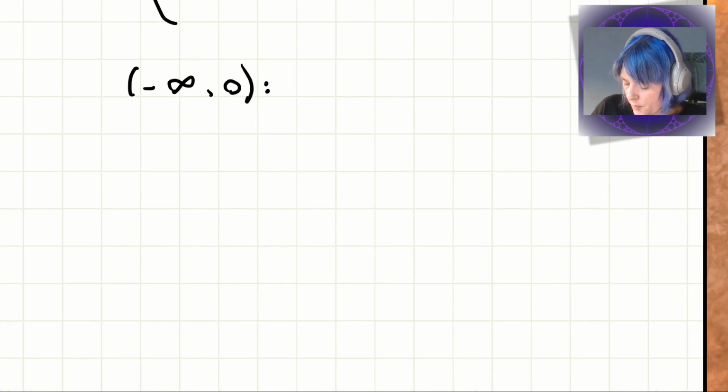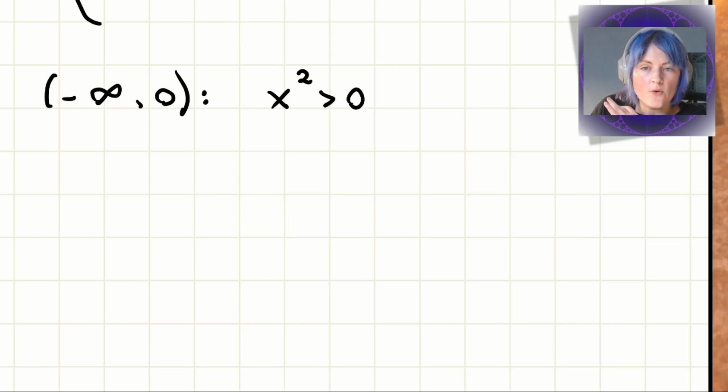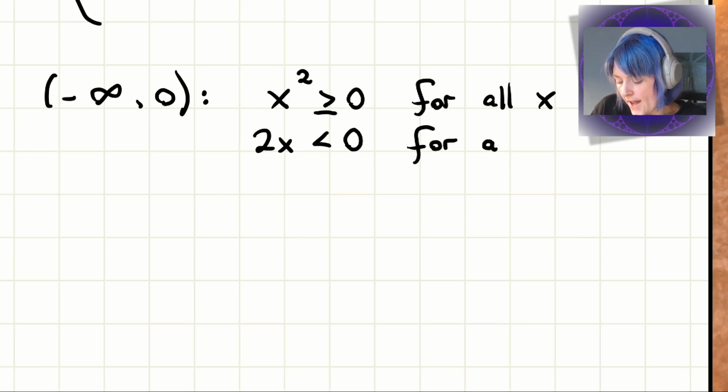I think the best way to prove why 2x is the minimum is to write down that x squared is a parabola, so it's greater than or equal to 0 for all values of x. But then 2x is less than 0 for all x in this interval that we're looking at.